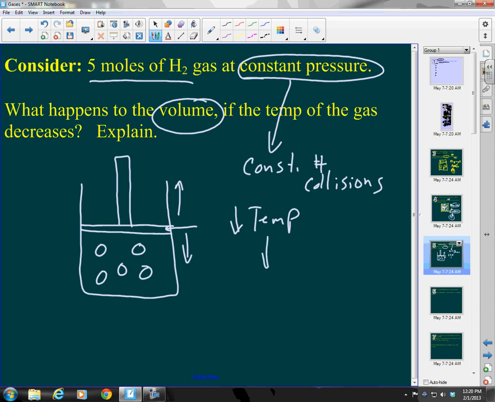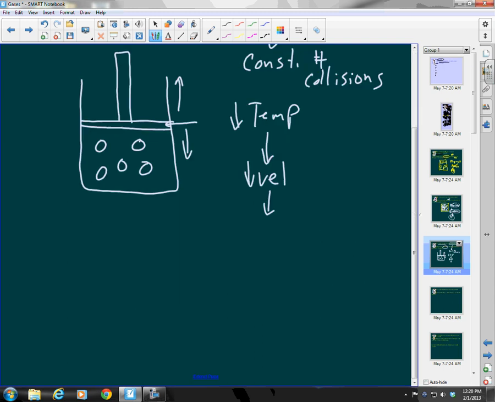And if my temp decreases, what happens to the velocity of my particles? Well, for my temp to be lower, that means the velocity of my particles was lower, right? And if my velocity was lower, that means they are covering less distance. The distance traveled per time is less.